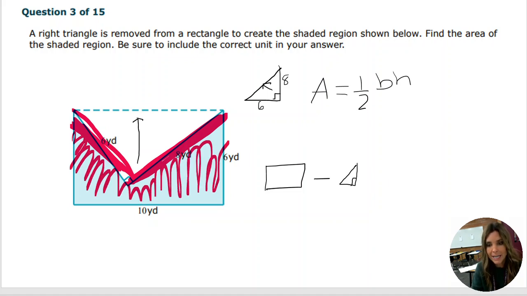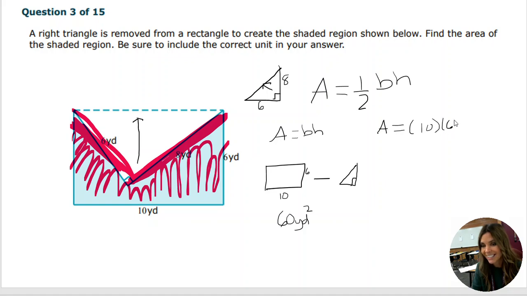To find the area of the rectangle, we know the base is 10, the height is 6. That's going to be 60 yards squared. For area of a rectangle, it is simply base times height. So if I plug into my formula 10 for the base and 6 for the height, that's how I get the 60.